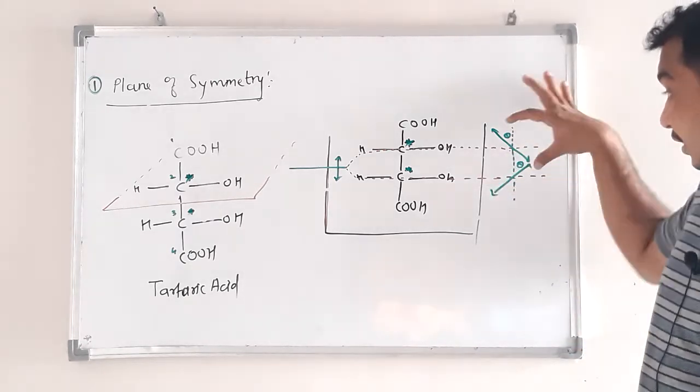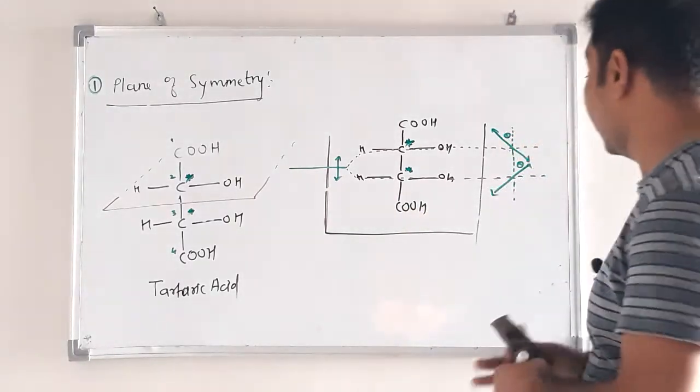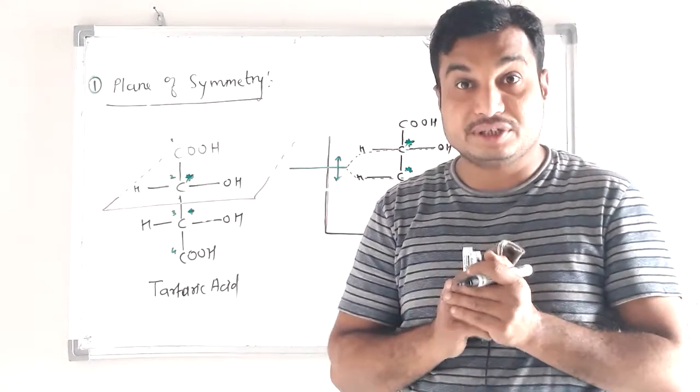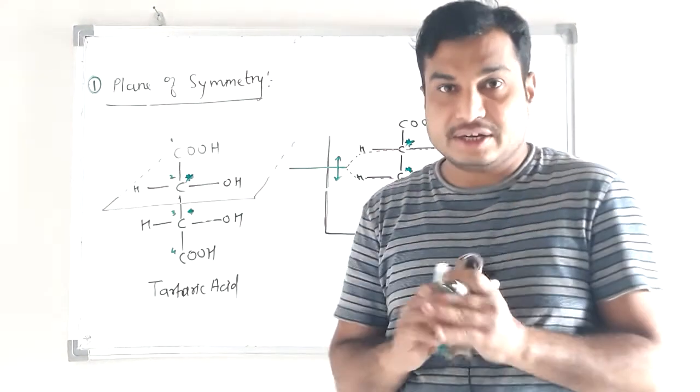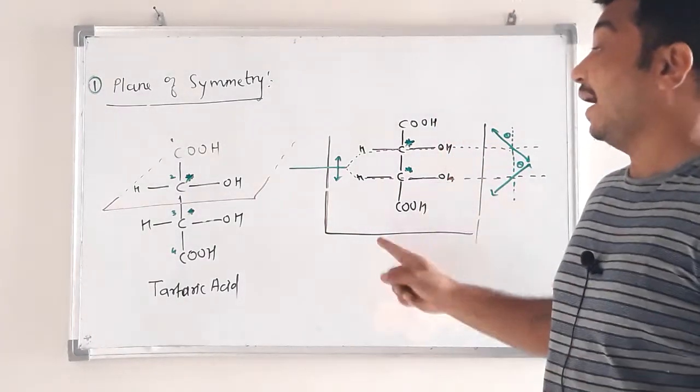The magnitude of the angle is the same but the directions are opposite, right side, left side. That's why these two rotations cancel each other, and the resultant is no rotation. No rotation means optically inactive.